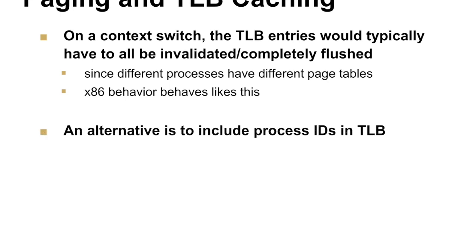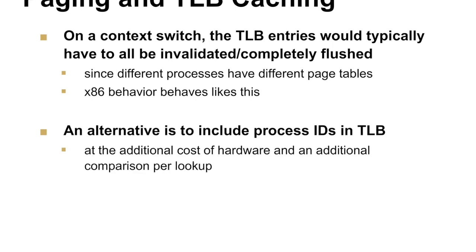We could also in the TLB include a process ID, so each individual process would have its own ID. We could add the ID along with the logical address and the logical page to look those up in the TLB. That just means that we have more cost because we have more bits that we are storing and want to do this all simultaneously.